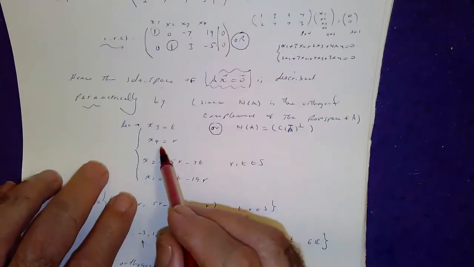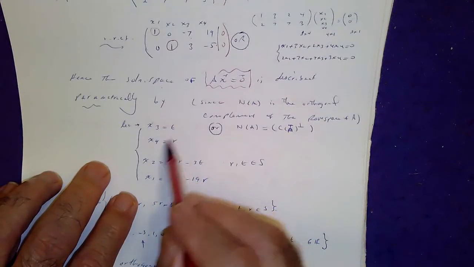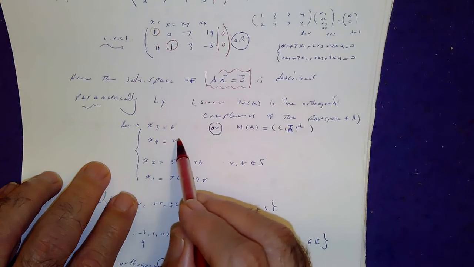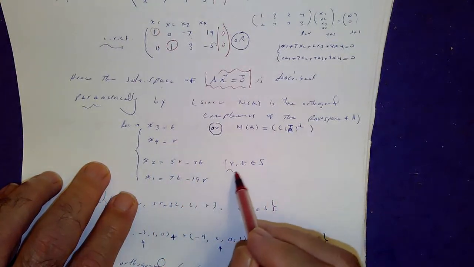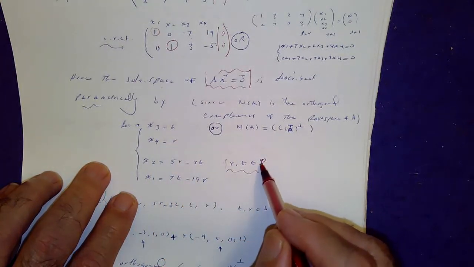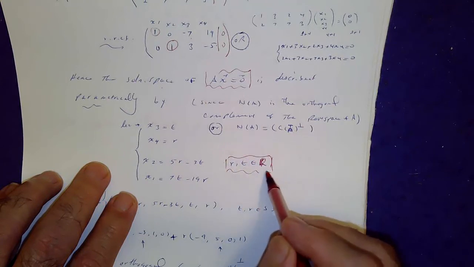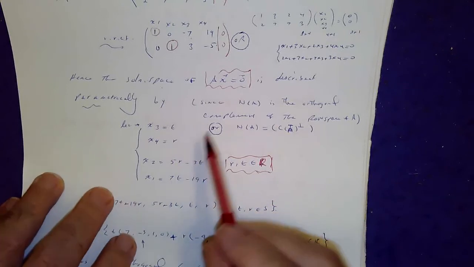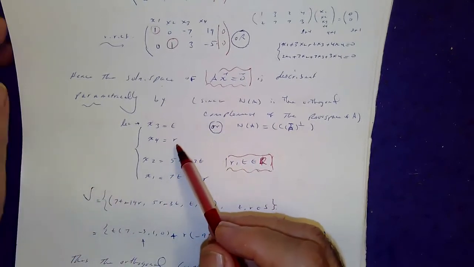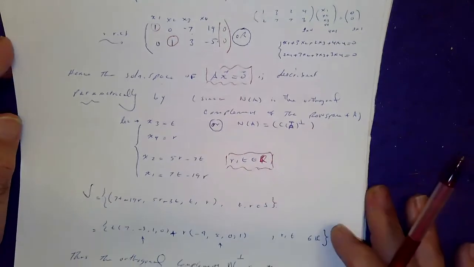So what happens is we're going to let x3 be t and x4 be r, where t and r are real numbers, correct? Real numbers. So those are free variables. So x2 and x1 have to be expressed in terms of t and r.